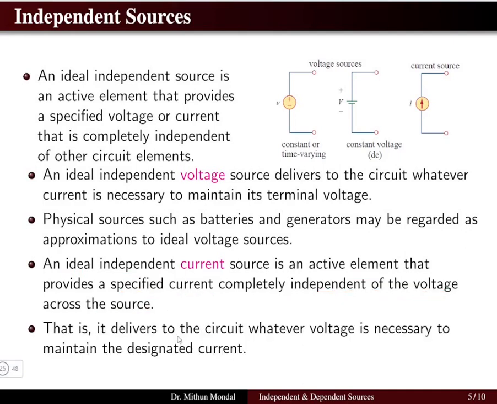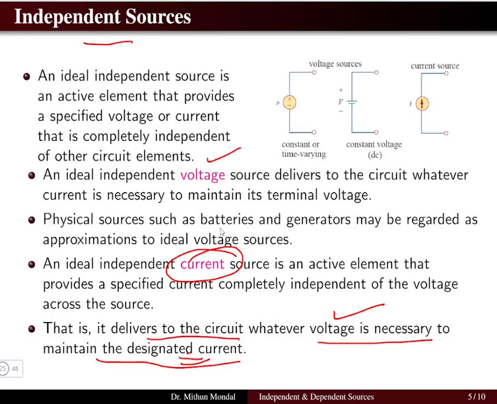That is, it can be said that it is delivering to the circuit whatever voltage is necessary to maintain that designated current. So independent sources can be the voltage source and the current source. It can be ideal or it can be practical. We have taken the example of the ideal.